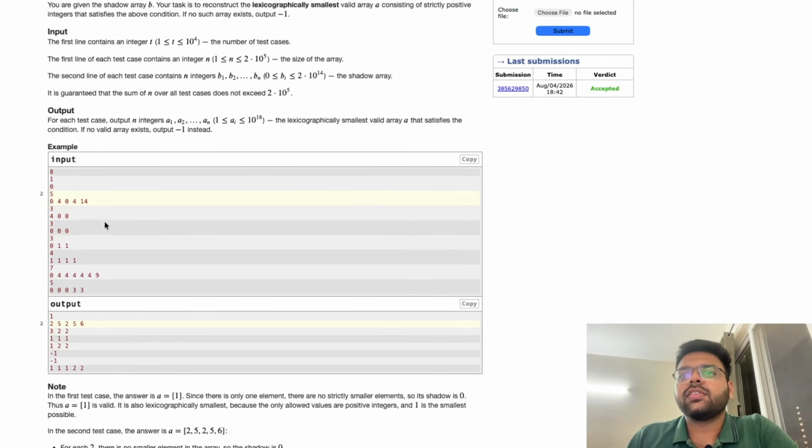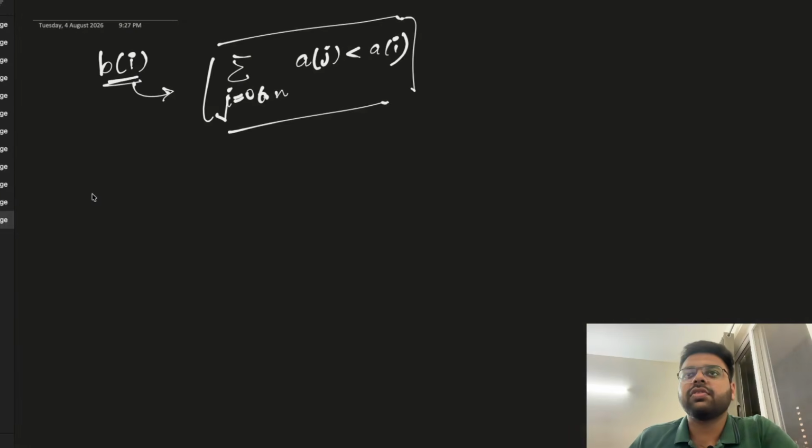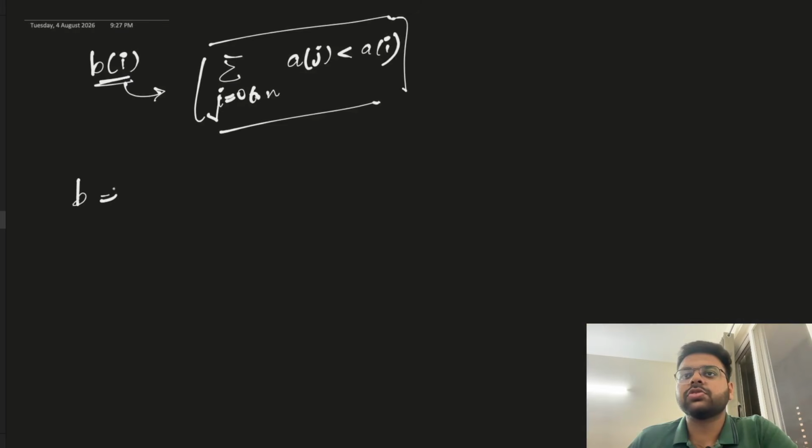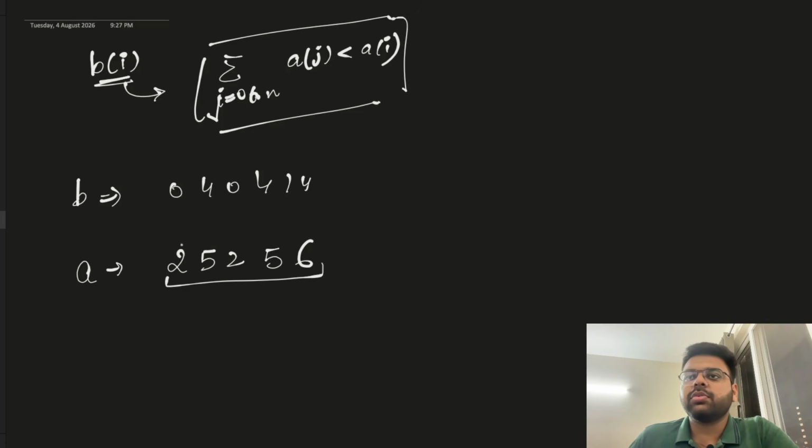Let's suppose we take this array. We are given an array b equal to 0 4 0 4 14, and its corresponding a array is 2 5 2 5 and 6. If we take a of 0, the elements less than this are none, so b of 0 is 0.